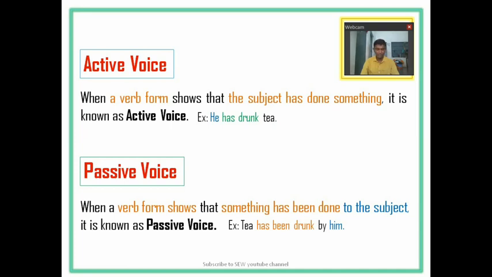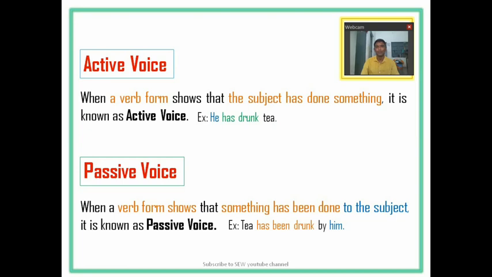So to identify passive voice, what do we have to do? If you want to identify whether the sentence is in active voice or in passive voice, what do we have to do? Before the main verb, if we have any one of the words like being, been, be, I'm repeating, before V3, if there are words like being, been, be, simply you can identify, if you can recognize, it is in passive voice.